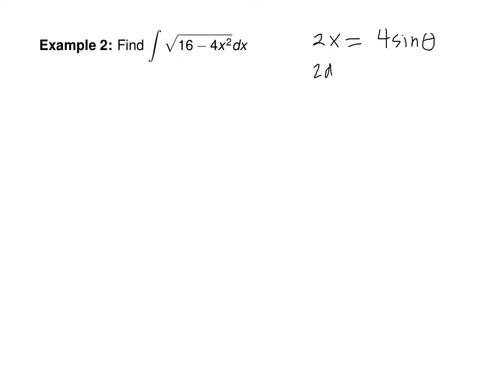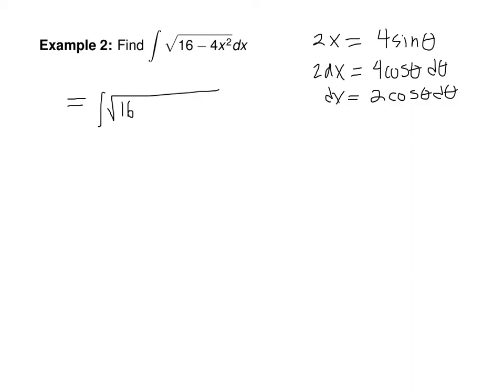Then 2 dx is equal to 4 cosine of theta d theta, or dx is equal to 4 over 2, or 2 cosine theta d theta. Now we have the integral of root 16 minus 16 sine squared of theta multiplied by 2 cosine of theta d theta.